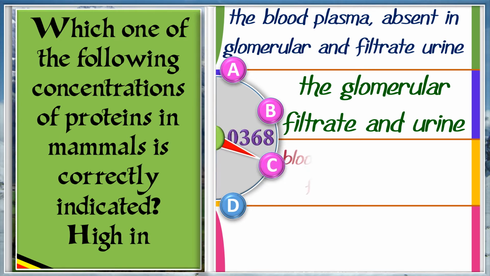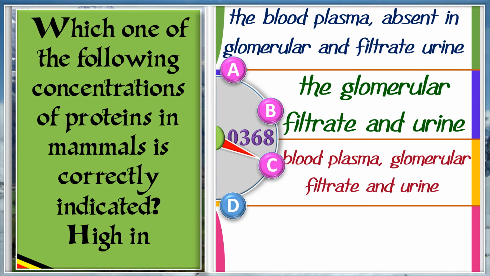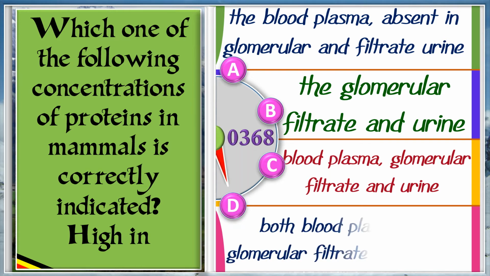C. High in blood plasma, glomerular filtrate and urine. D. High in both blood plasma and glomerular filtrate but absent in urine. And the answer is A. High in blood plasma, absent in glomerular filtrate and urine.